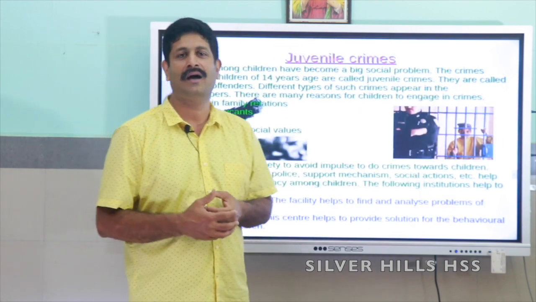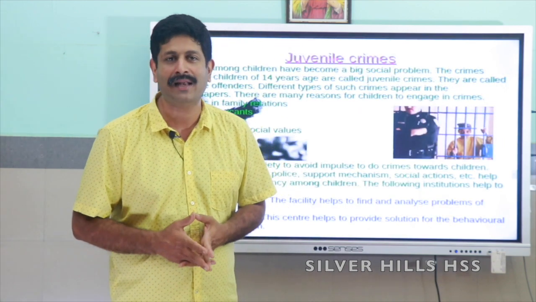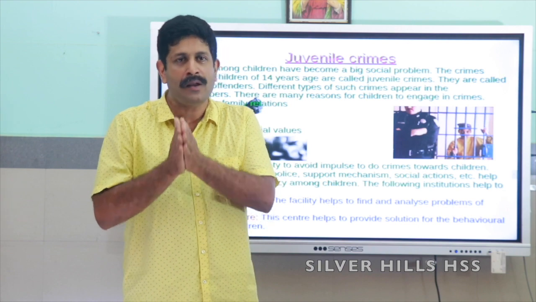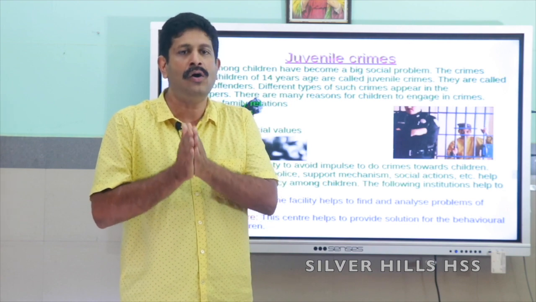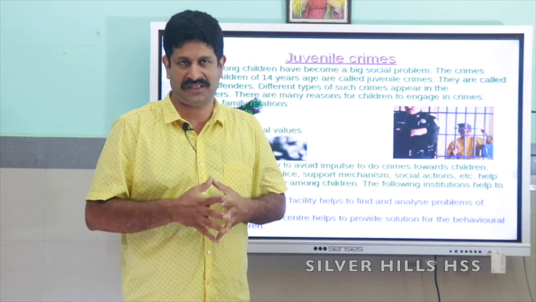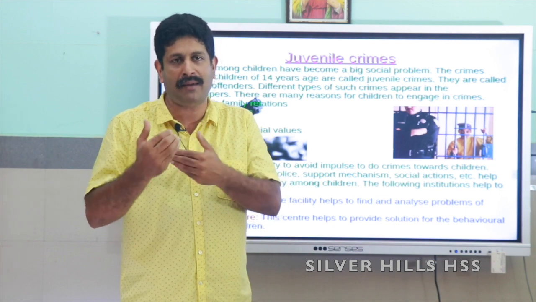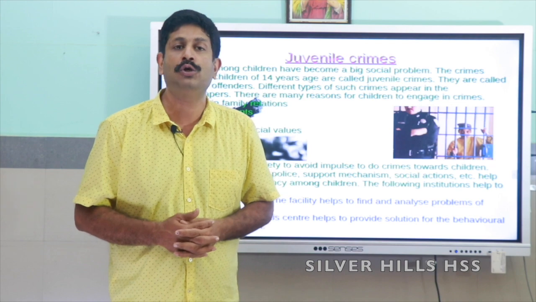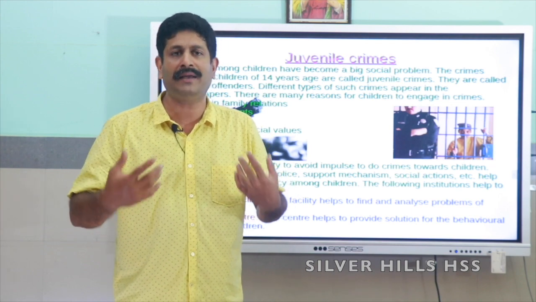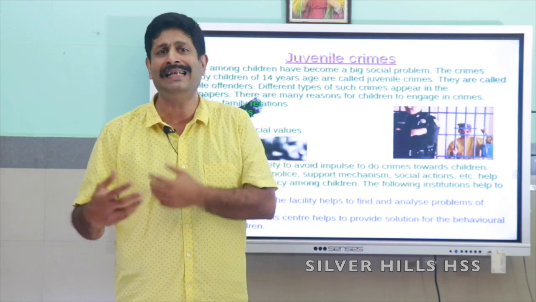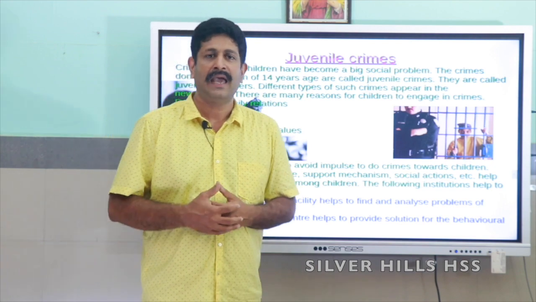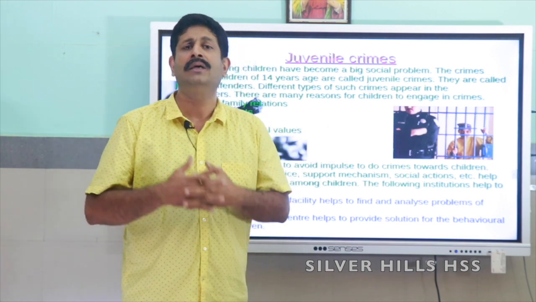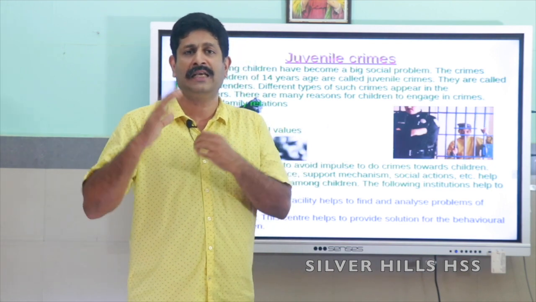Now we can discuss juvenile crime. If those in the age group below 18 years do any crimes, that is considered juvenile crime. Now it keeps on increasing. A small child killed his brother. A 12-year-old boy hit his parents.